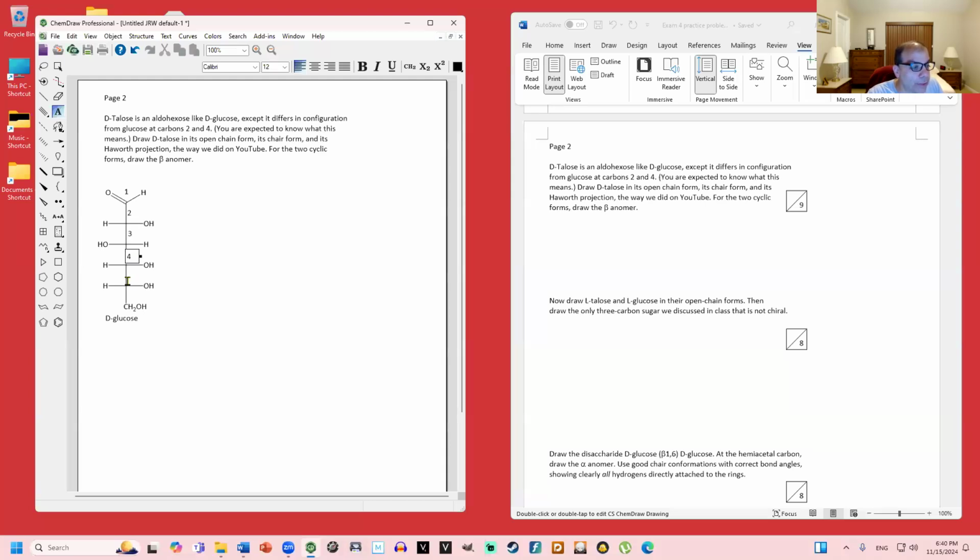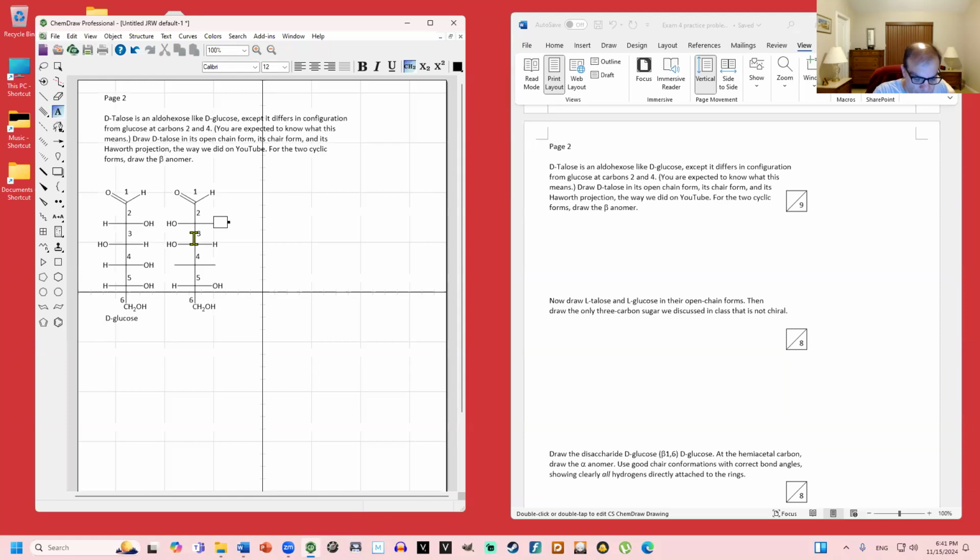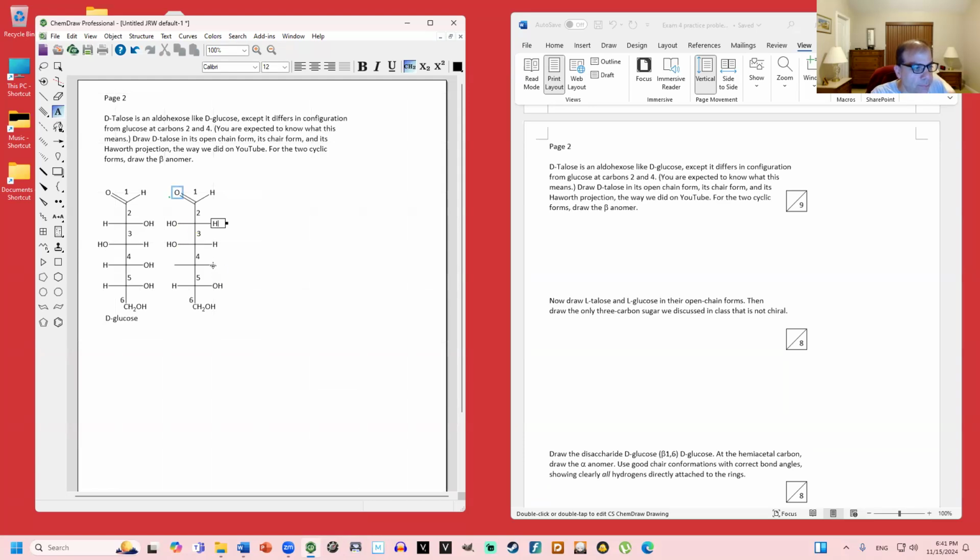So let's remind ourselves of the numbering. There we are. Obviously, the problem doesn't say to number the carbons or to draw D-glucose. I'm just doing it so that everyone has a clear visual aid. We're going to need to change the configuration at carbons 2 and 4, so we will change it so that the OH group points to the left on carbon 2, and also to the left on carbon 4.